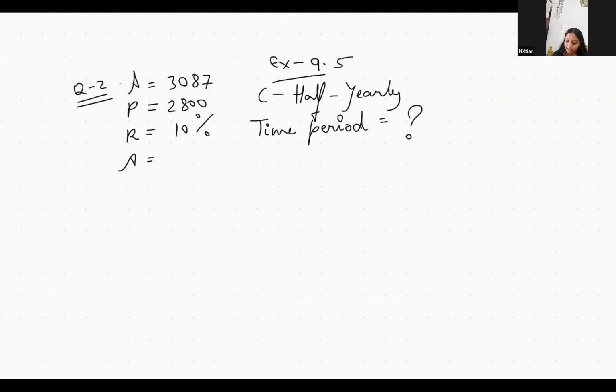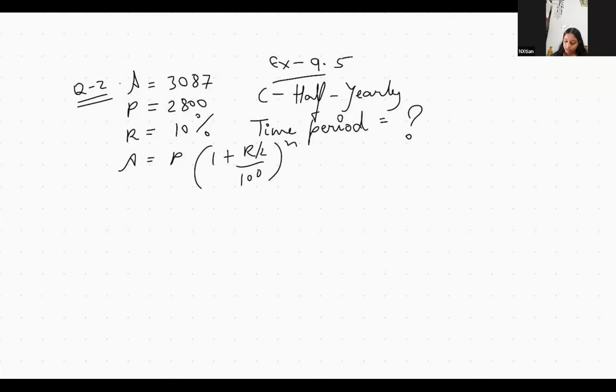So amount formula goes like principal times 1 plus R by 100 raised to the power n. Okay, so 10 is R, so it will become 5, or 2n. But 2n I will not take, I will only take n here.